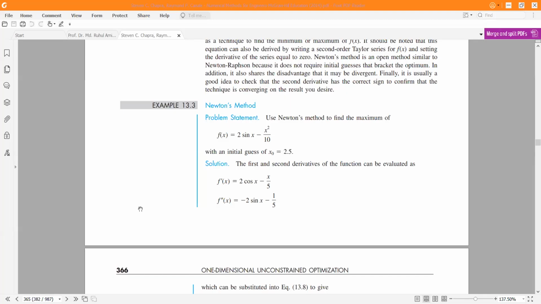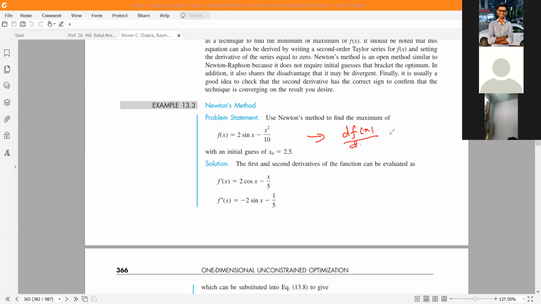Now, if we want to apply our Newton algorithm there, what you need to do? You first have to take the derivative, isn't it? Our objective is to find the point where your function will have maximum, so you have to take the derivative dx equal to 0, isn't it?